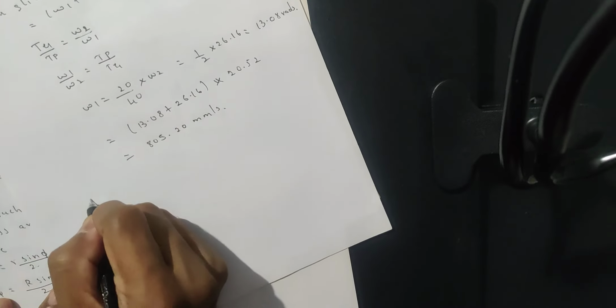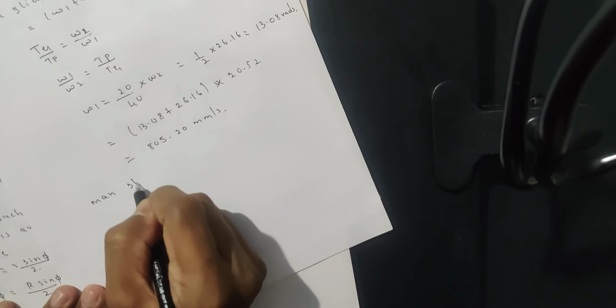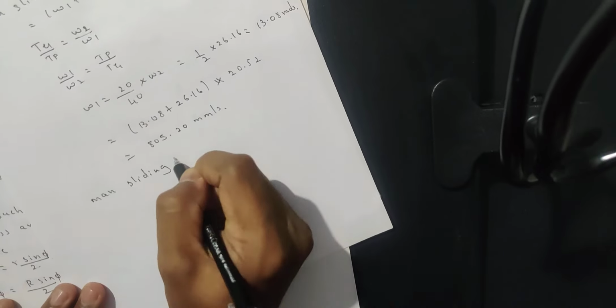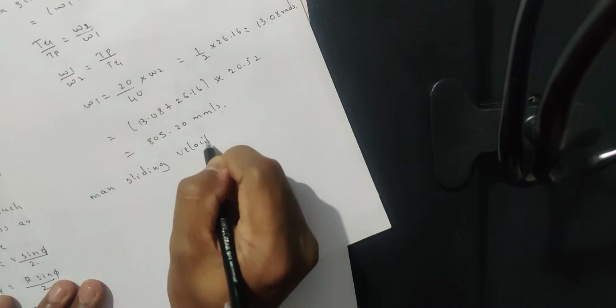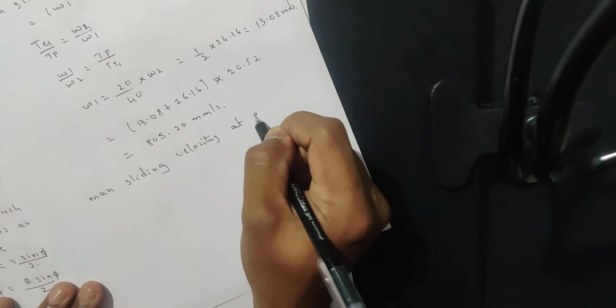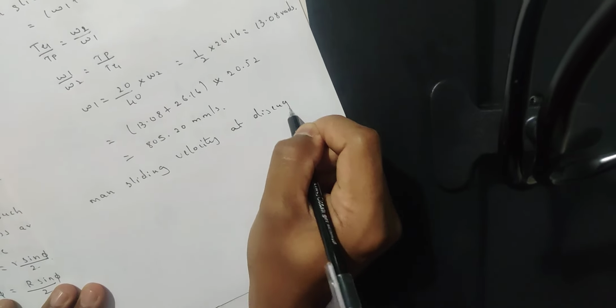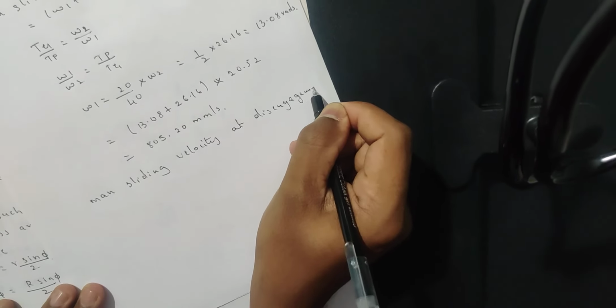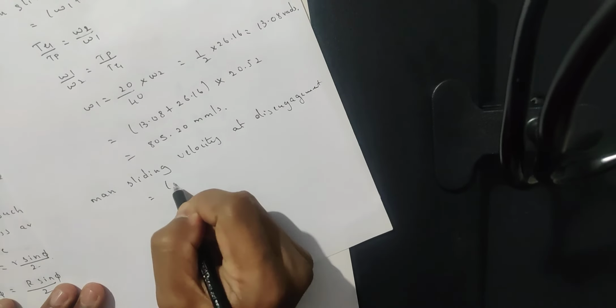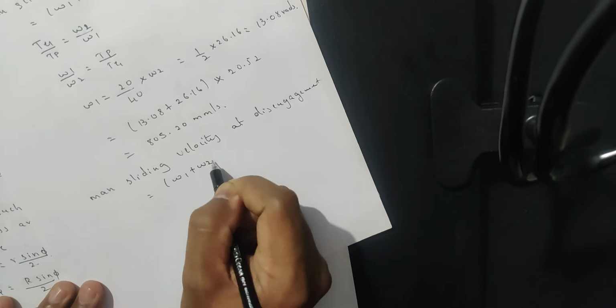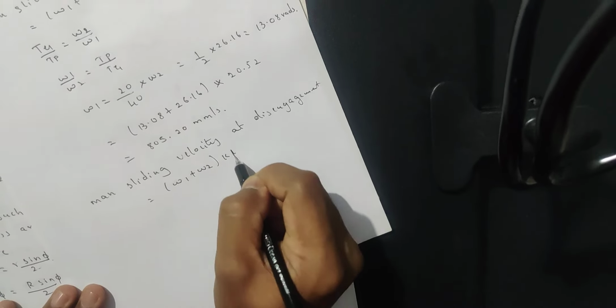Similarly, the maximum sliding velocity at disengagement is given as (omega 1 plus omega 2) into KP.